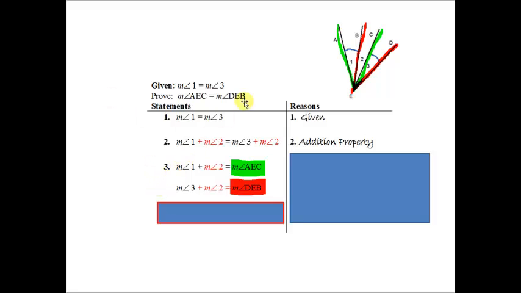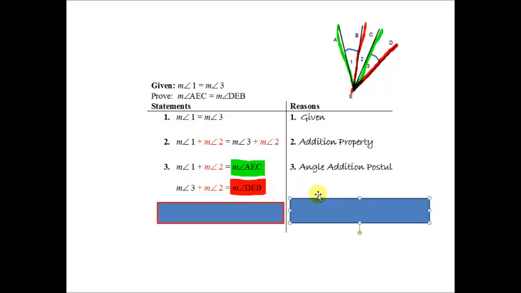What allows us to add or combine two angles together when they're adjacent like this? That's the property we learned back in Unit 1. That's called the angle addition property, or the angle addition postulate, P-O-S-T-U-L-A-T-E, and that's really bad writing.